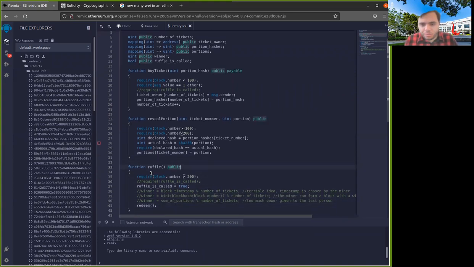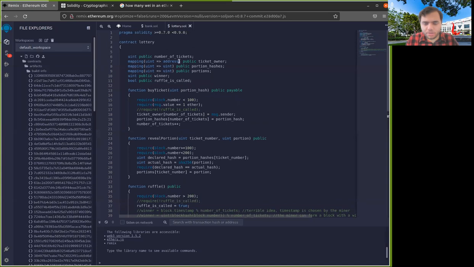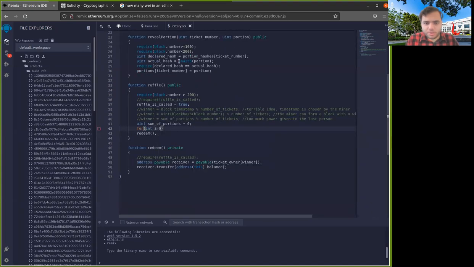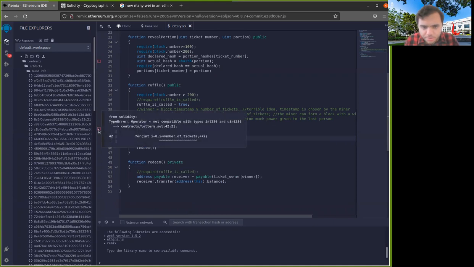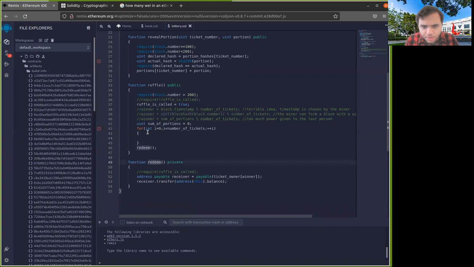And so when I'm doing the raffle, I can just say, again, let's have a sum of portions that is initially 0, and then I go over it from 0 to number of tickets and sum this up.